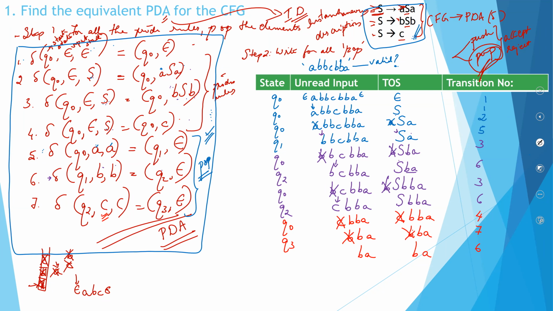Okay, top of the stack is B. My input is B, which means I can again pop out, transition number 6. I am back in my Q2. A. Top of the stack is A. My input is A, which means, step number 5, I can pop out.